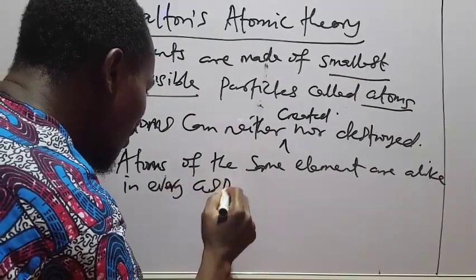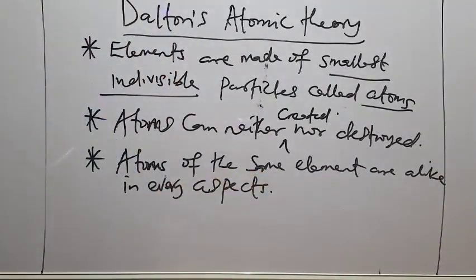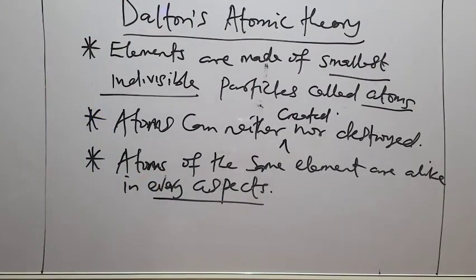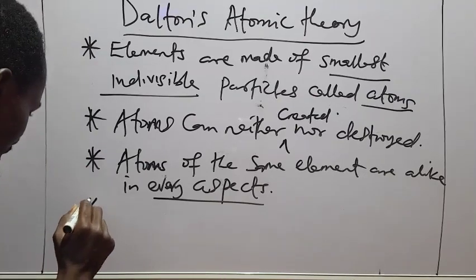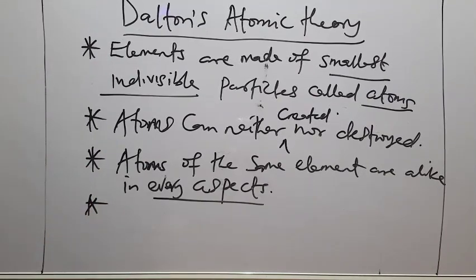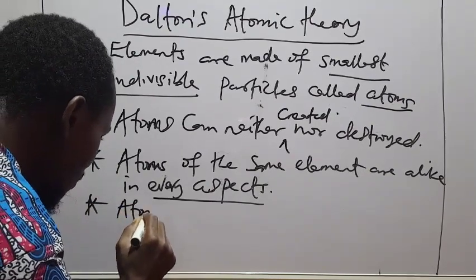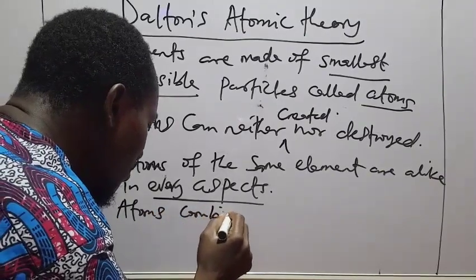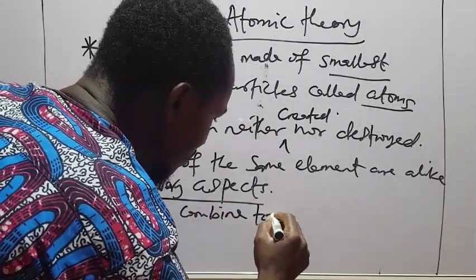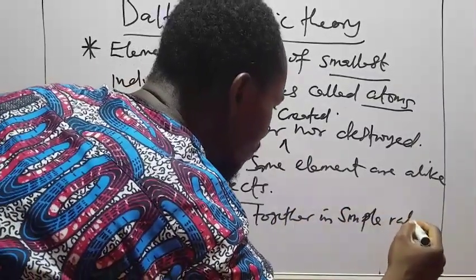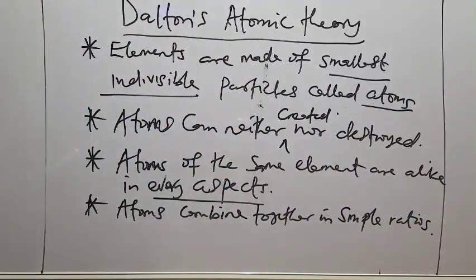So what Dalton is trying to say here is, if you take an atom of sugar and another atom of sugar, and you compare them in every aspect, note the word every aspect, they are the same. The fourth one says that when atoms combine with other atoms, they do so in simple ratios. So these are the four.